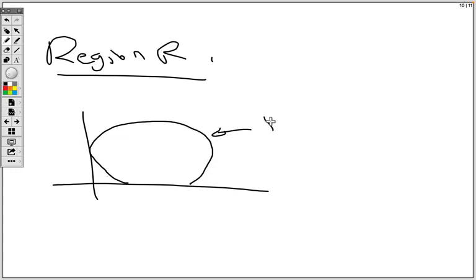I already know what the profit here is. That's actually identically equal to 0. And we've got this boundary region here. That's the Y equals 0. So let's see what we can find.